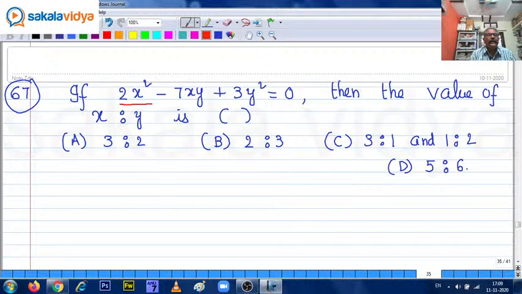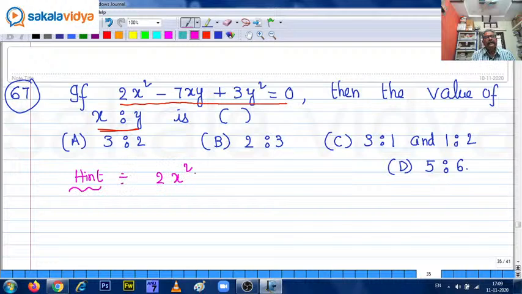If 2x square minus 7xy plus 3y square is equal to 0, then the value of x is to y we need to find out. It's a quadratic equation only. Don't worry, I will solve it.